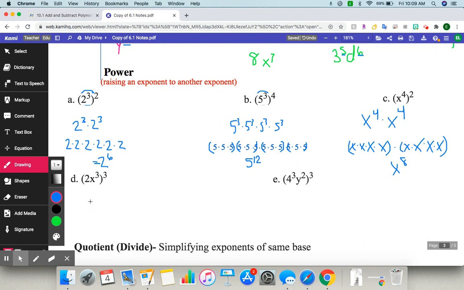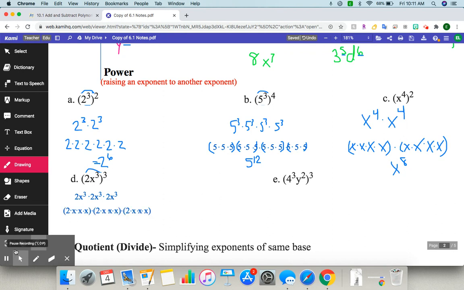In D, I have 3 factors of 2x to the third, which I can then expand once again as 2 times 3 factors of x times another 2, and so on. So in the end, you'll notice for the base of 2, I have 3 factors of them.